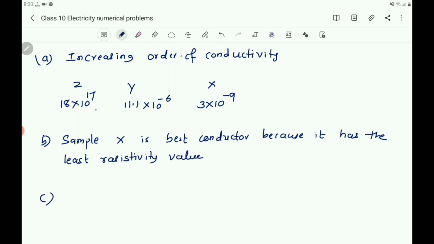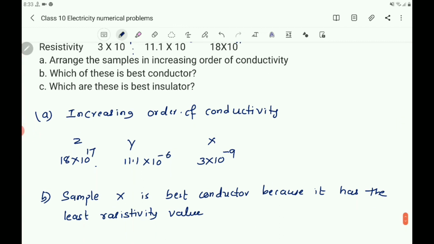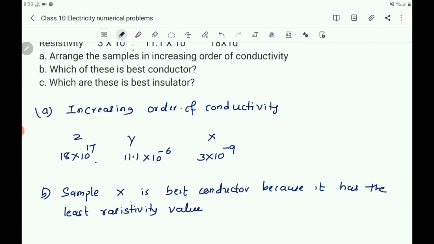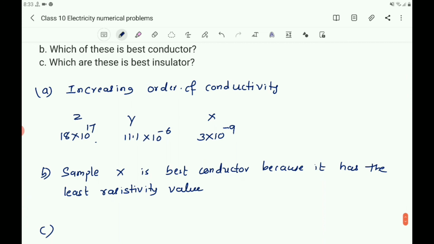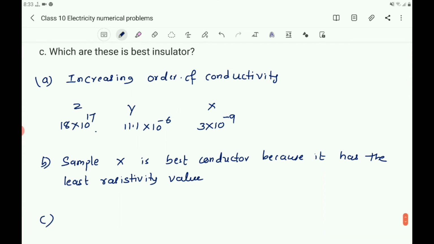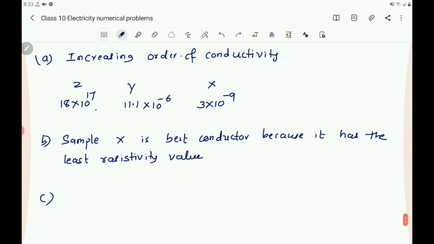Then C, which of these is the best insulator. You know that the sample having maximum resistivity is the best insulator. So you can take Z. Z is having maximum resistivity, so it is the best insulator.